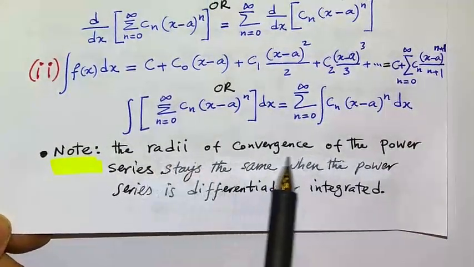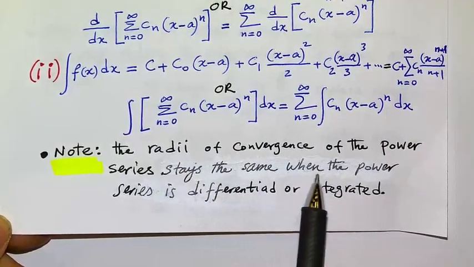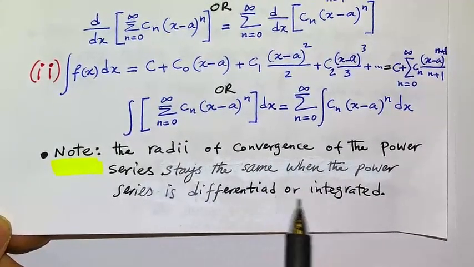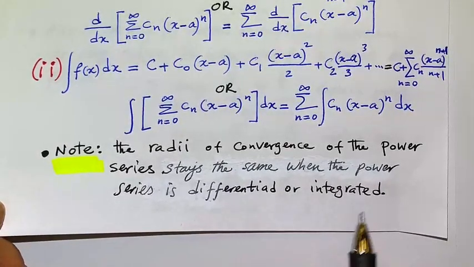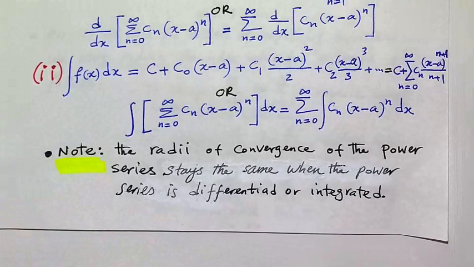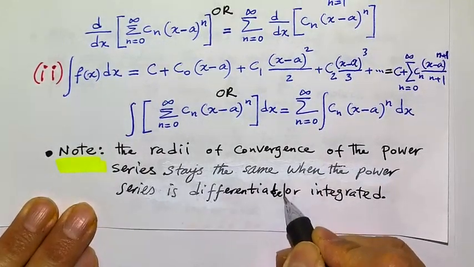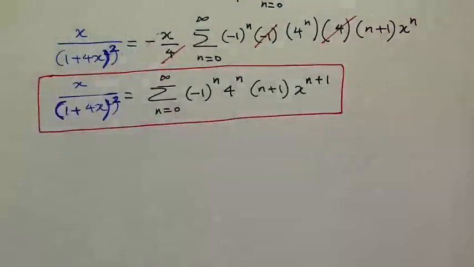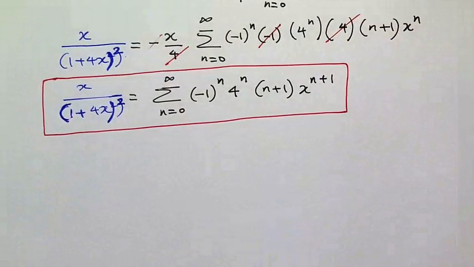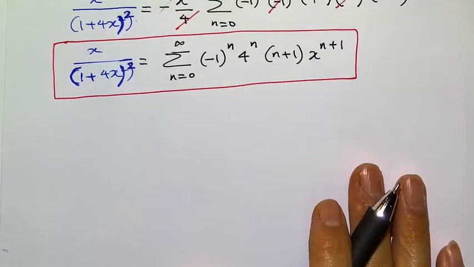The radius of convergence of the power series stays the same when the power series is differentiated or integrated. I have an error here, differentiated or integrated. I need to make that correction. So let me just make a mention of that.